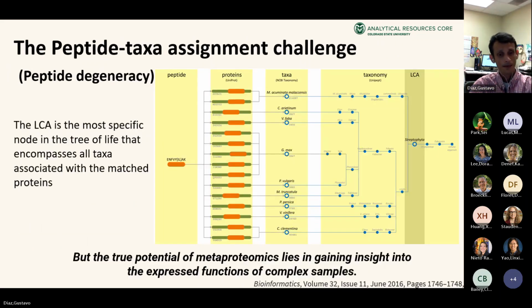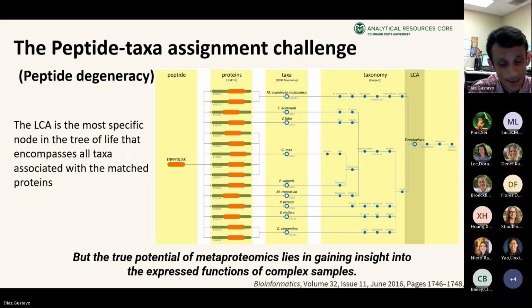At this level, what we get is a list of proteins that are present in our sample. But still, we need to know which taxa these proteins are linked to. And there is a second major challenge in metaproteomics: how we get this association between peptide and taxa.